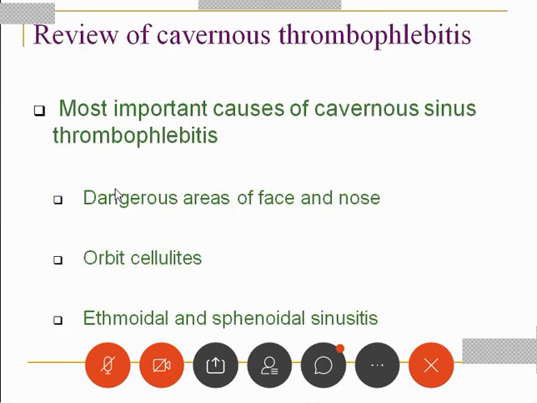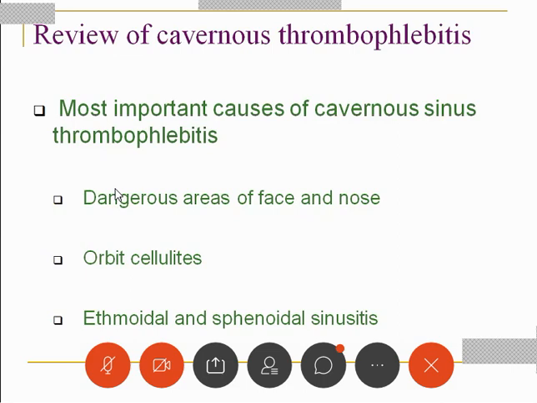Review of cavernous sinus thrombophlebitis. The important causes of cavernous sinus thrombosis are the dangerous area of the face and nose, orbital cellulitis, and sigmoid and sphenoid sinusitis. The sphenoid sinusitis also will not spread normally, as these bony structures are so strong. I don't think they will spread so easily. They spread through the blood, and mostly the invasive type of fungal sinusitis only will lead to this kind of local destruction.